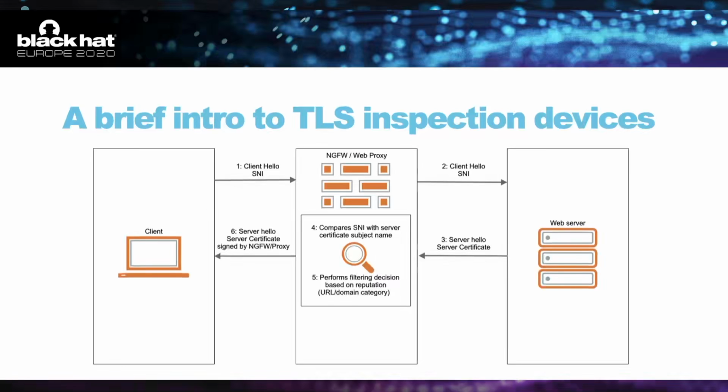Then the TLS inspection device completes the handshake by signing an emulated version of the certificate presented by the origin server, and it does this with its own internal CA. This CA is trusted by the client, and thereby the TLS inspection device is able to work as a man in the middle.